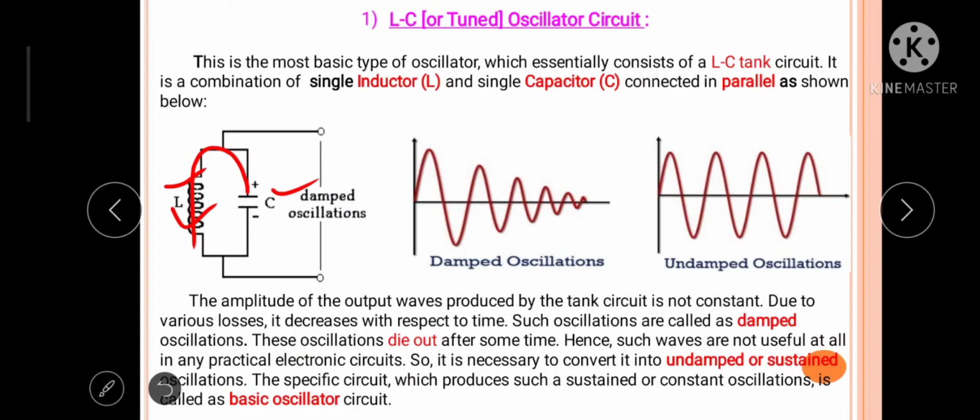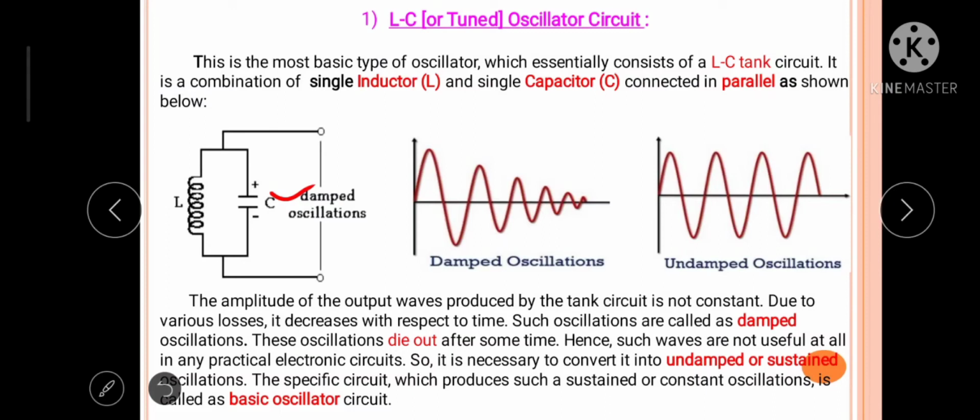Now this electrostatic energy is converted into electromagnetic energy in the inductor. The total energy is stored across this inductor L. Now we can say that again the capacitor is connected in parallel with the inductor.